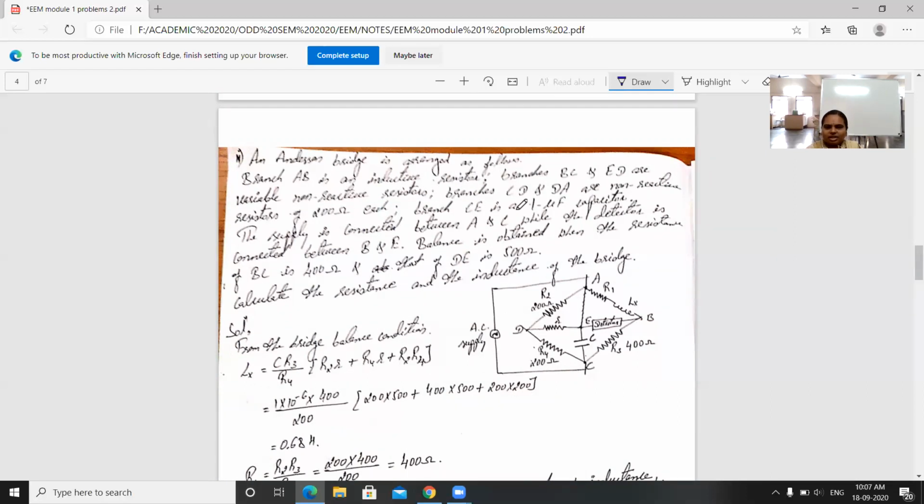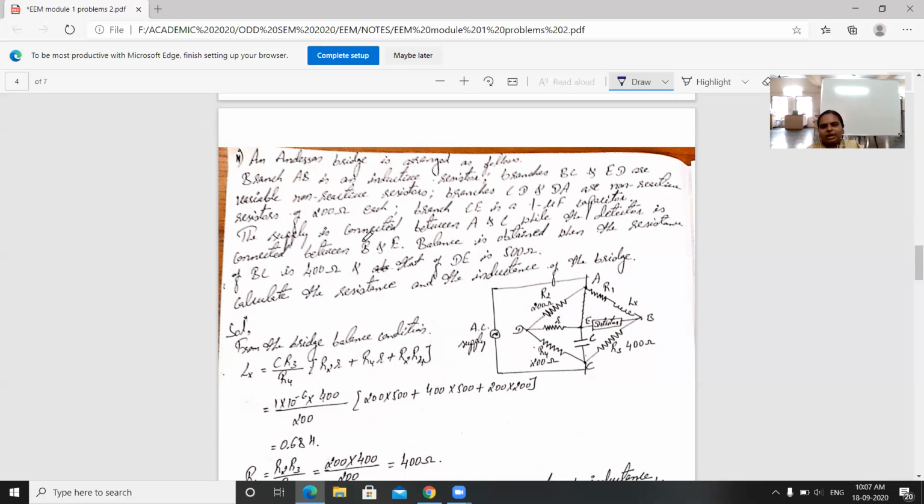Branch CE is a 1 microfarad capacitor. The supply is connected between A and C, while the detector is connected between B and E. Balance is obtained when the resistance of BC is 400 ohm and that of DE is 500 ohm.